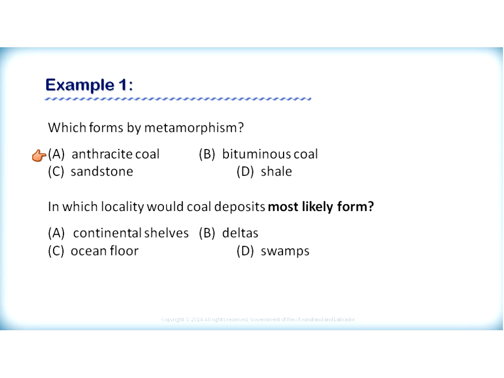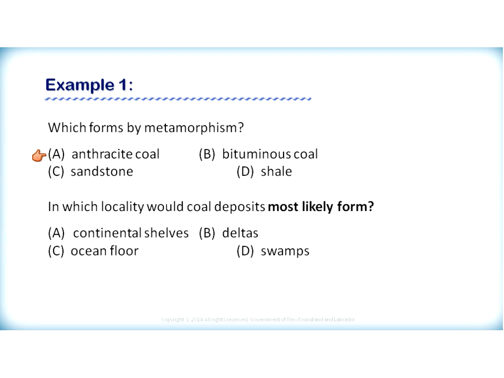And we know that the anthracite coal is the highest grade of coal which has been exposed to metamorphic conditions. So the answer to the first question, which forms by metamorphism, the answer will be A, anthracite coal.